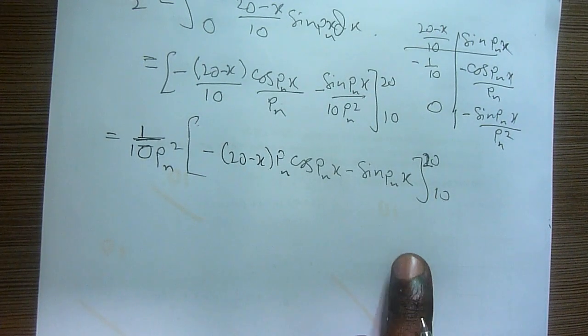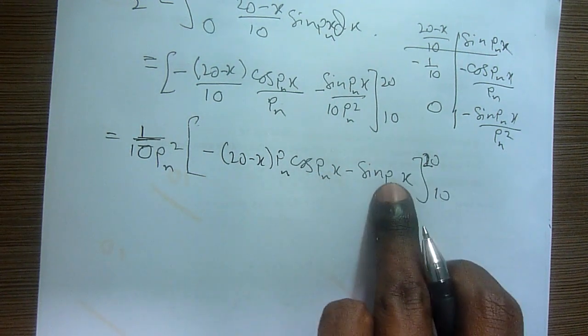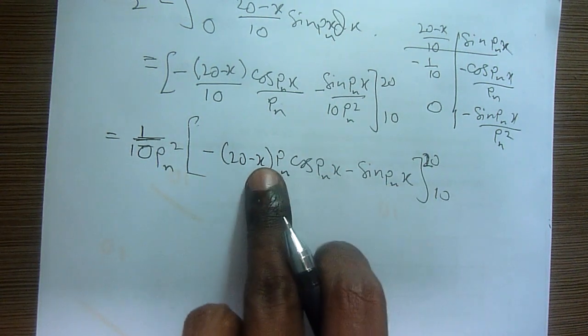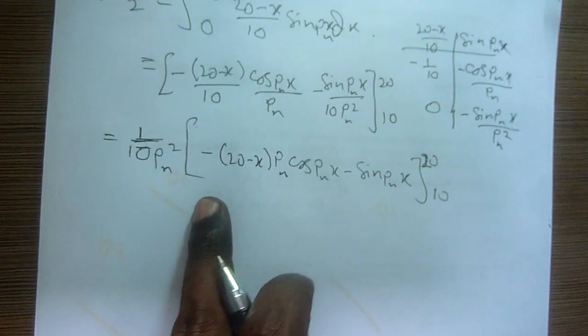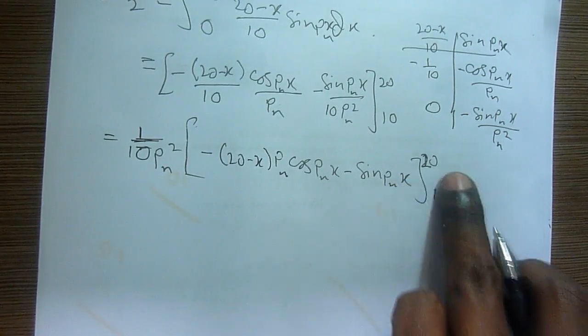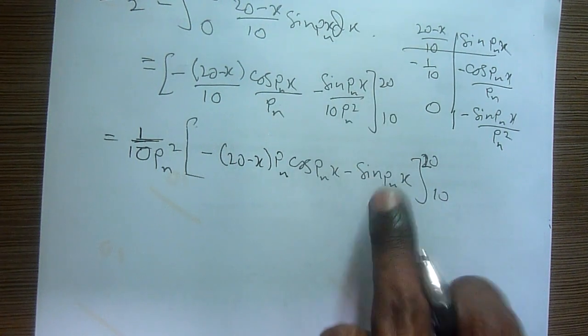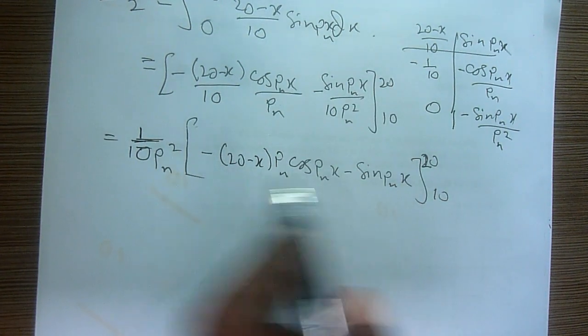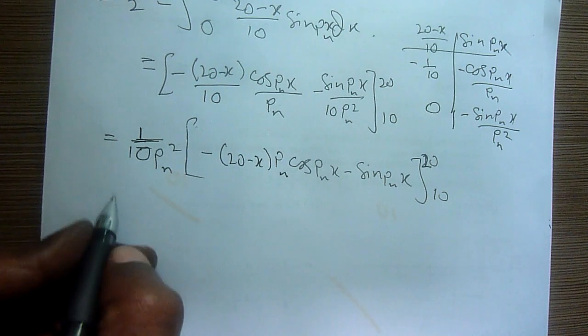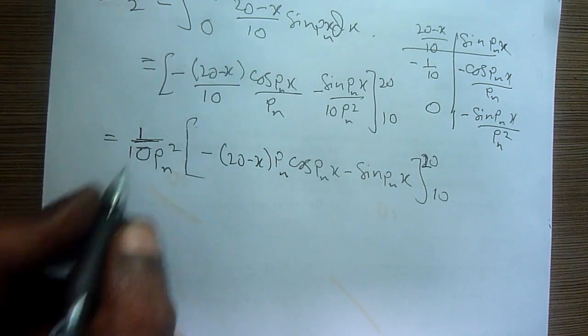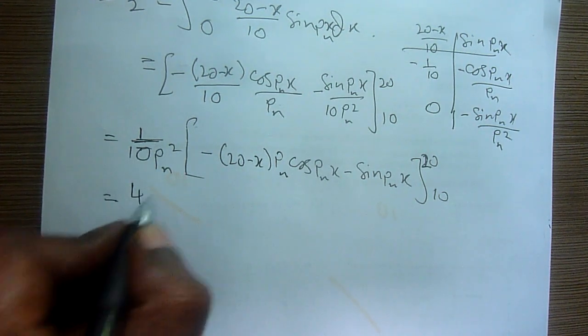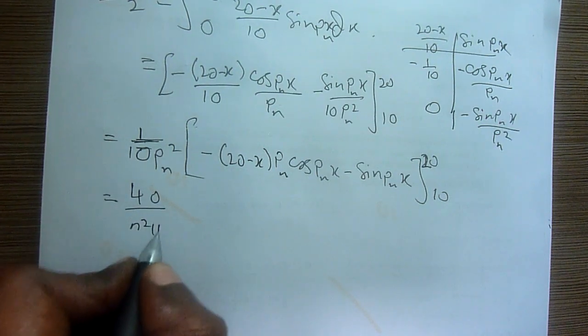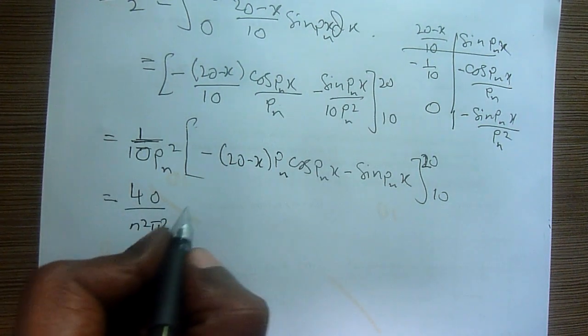Now your task is to place the 20 and 10, but you are very smart, you know already, 20 goes here, gone. And 20 goes here, gone also. Why? I'll tell you, the first 20 will make the things disappear. But we change it back again as here, and 2 pi 2, same.